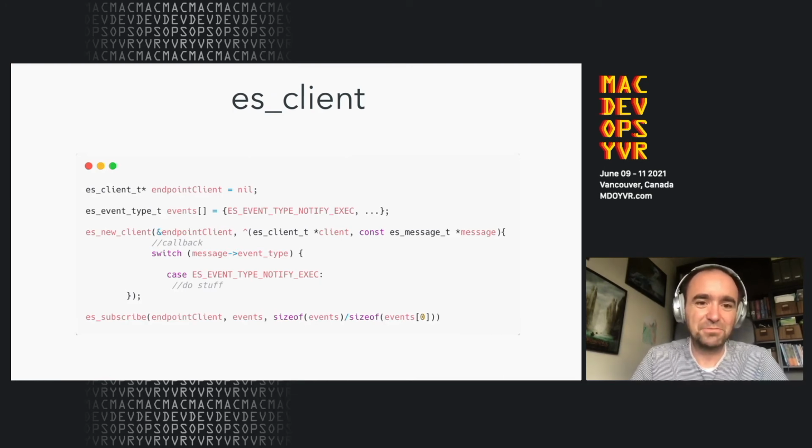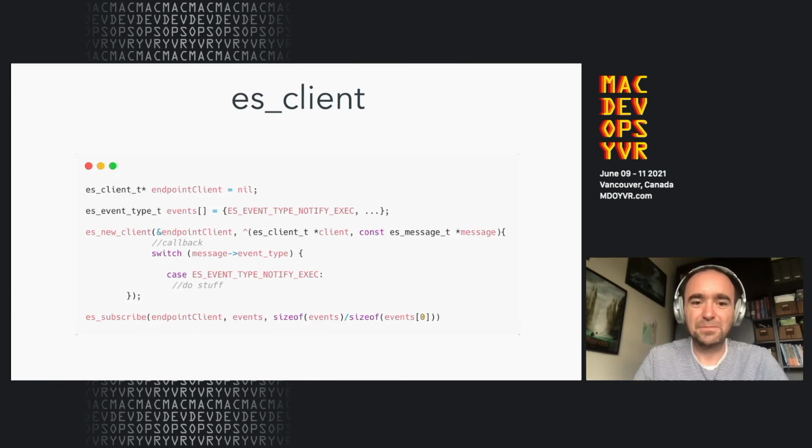First, we define an endpoint client as an ES client T type. We create an array with all the events we are interested in. And then we create a new client with the ES new client function, where we specify our client variable, and also a block which will be invoked whenever there is an event coming.